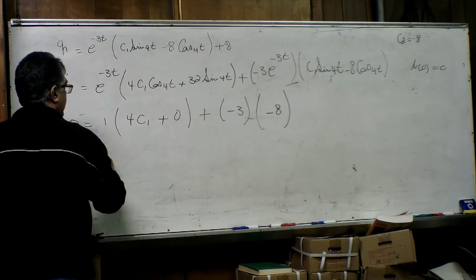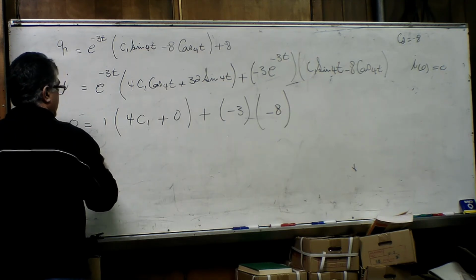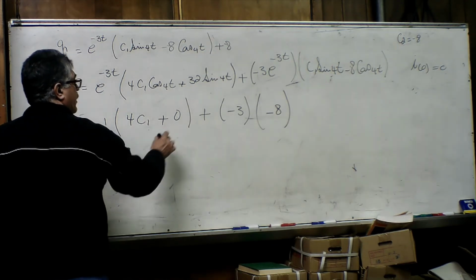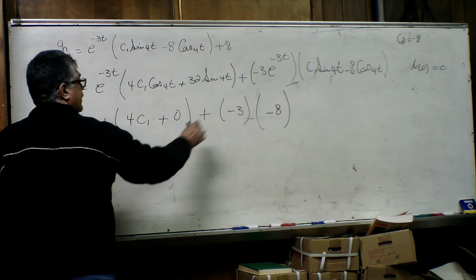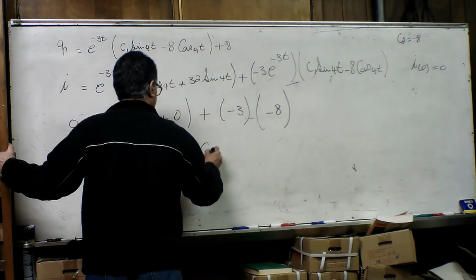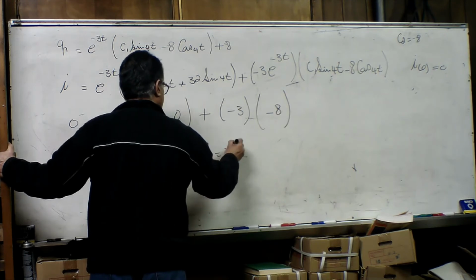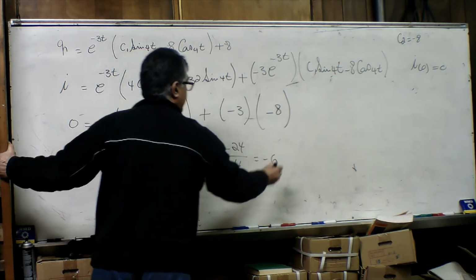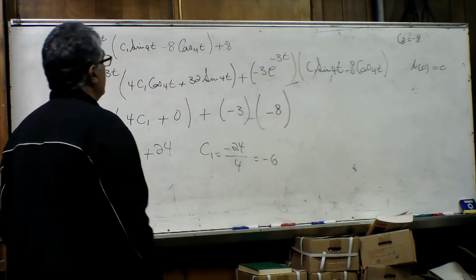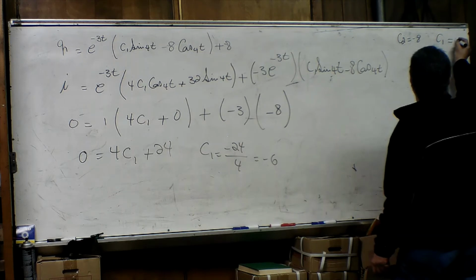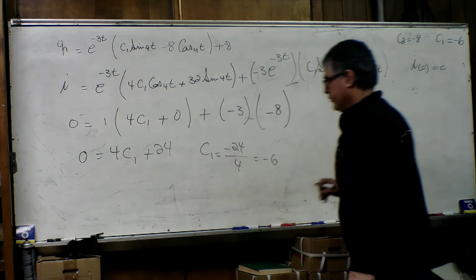So this will be 0 equal to 4C1 plus 24. So C1 will be equal to minus 24 divided by 4, which is minus 6. So our C1 will be equal to minus 6.